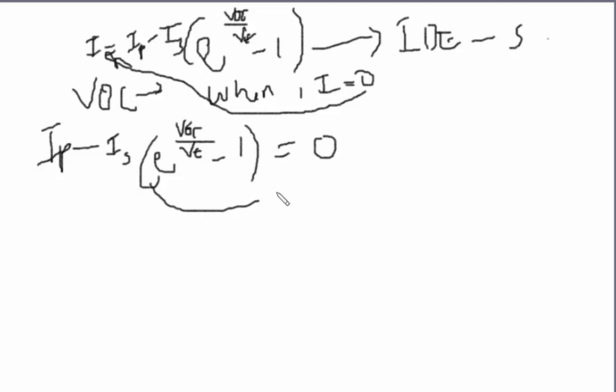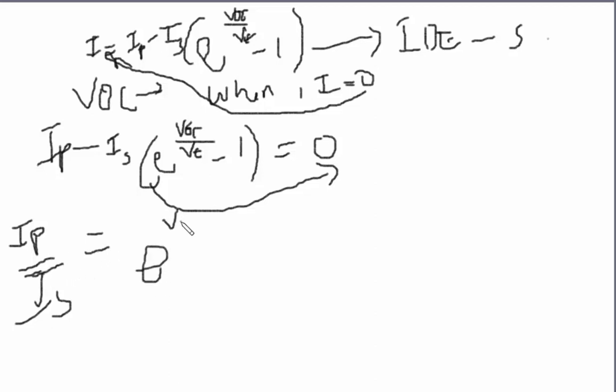Then I will shift this one here, and I will get IP. While shifting, it will be a product. Then I will divide it by IS. Then I will get IP divided by IS is equal to e to the power of VOC divided by VT.